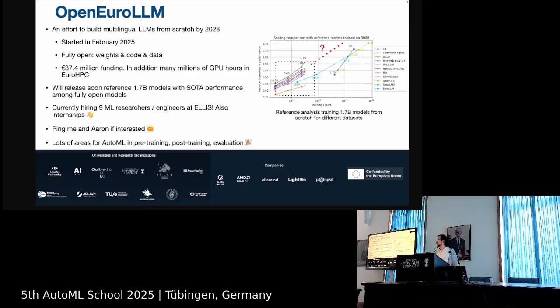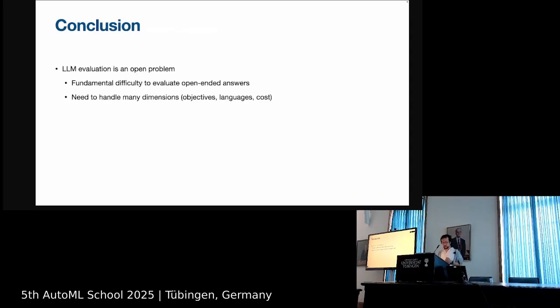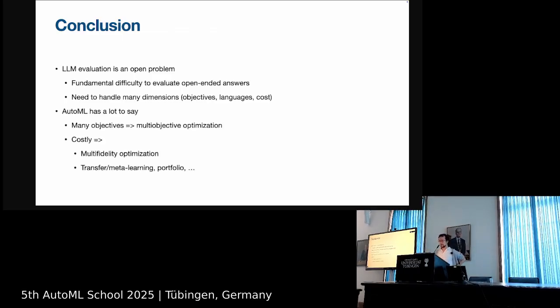And obviously, there are a lot of areas to apply AutoML, for pre-training, post-training, evaluation, and so on. I hope you have a slightly clearer picture of the LLM evaluation landscape, and that you understand why it can be difficult to evaluate a model that produces arbitrary text, given all these many dimensions: languages, different objectives, and the high cost associated with it.